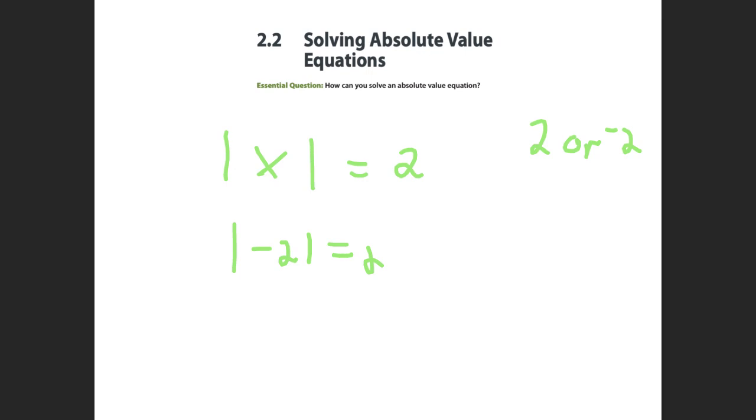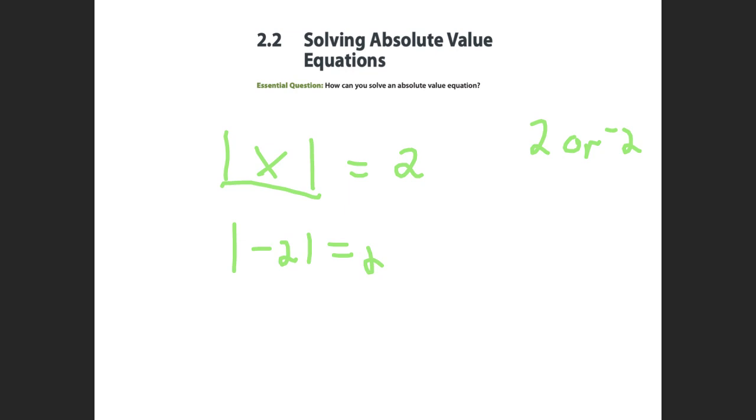So how do we come up with 2 solutions when we solve an absolute value problem? Super simple, okay? What you have to do is, once you isolate the absolute value function, and what does that mean?